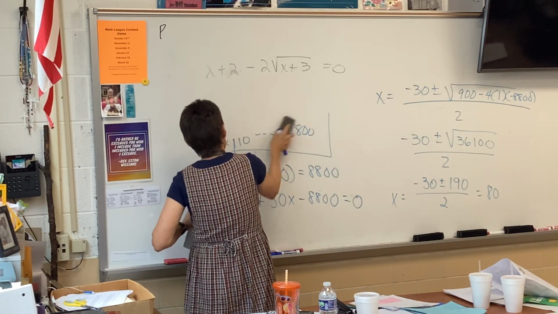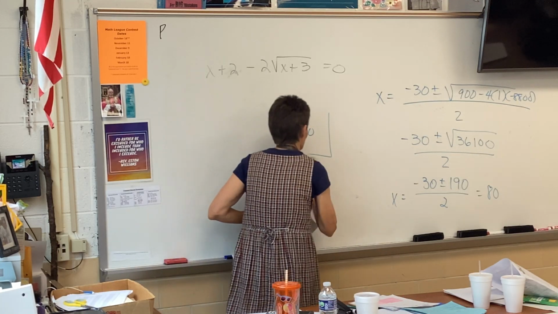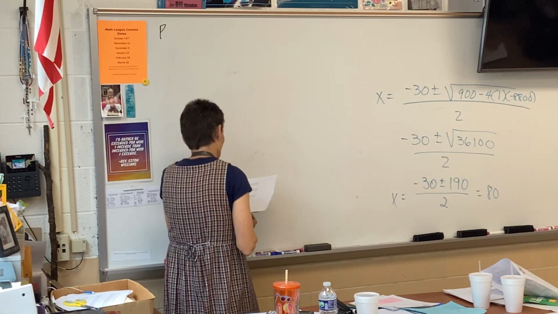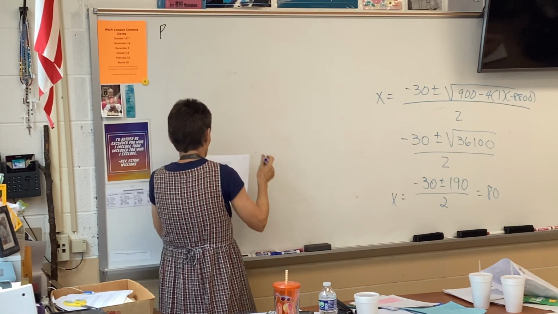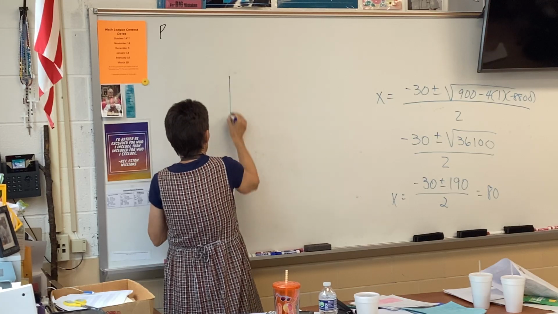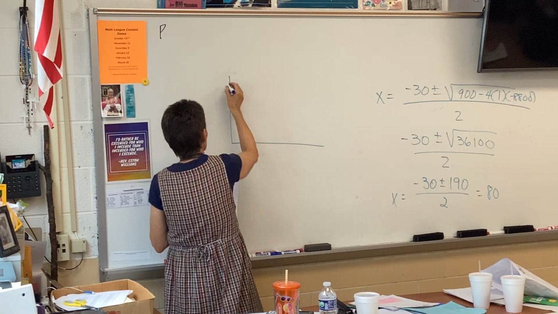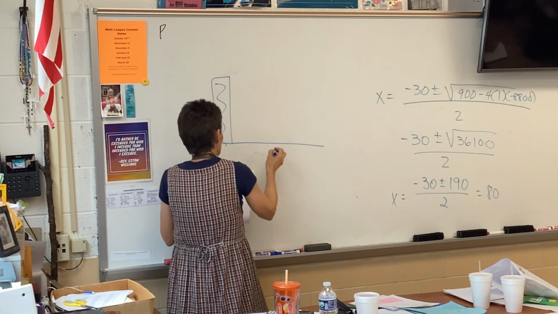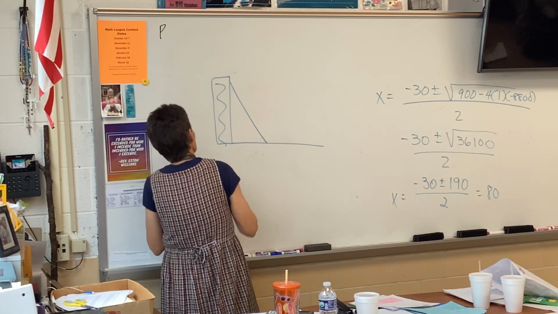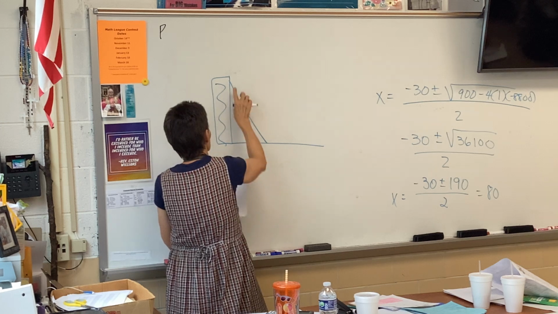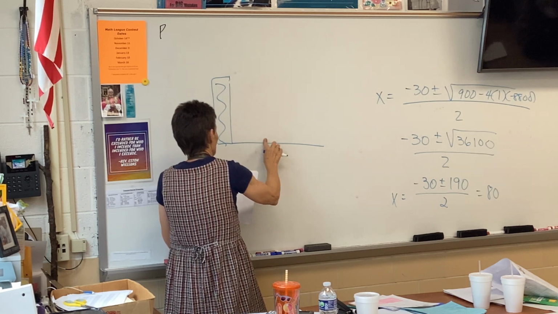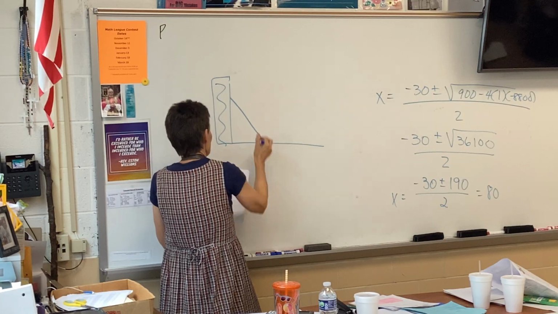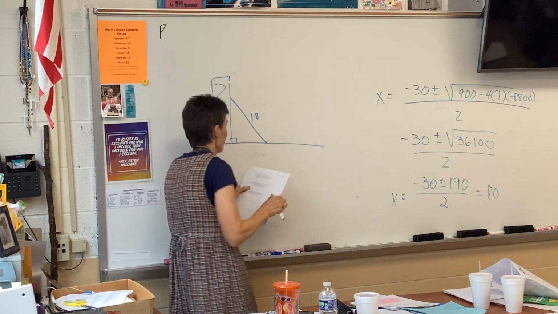All right, let's draw a picture for the next one. So here we go. We got the building. Here's our building. They're leaning a ladder up against the building, and it's an 18-foot ladder.